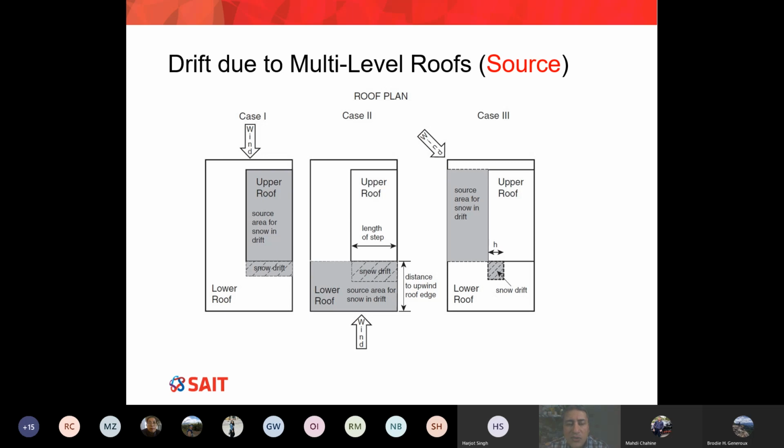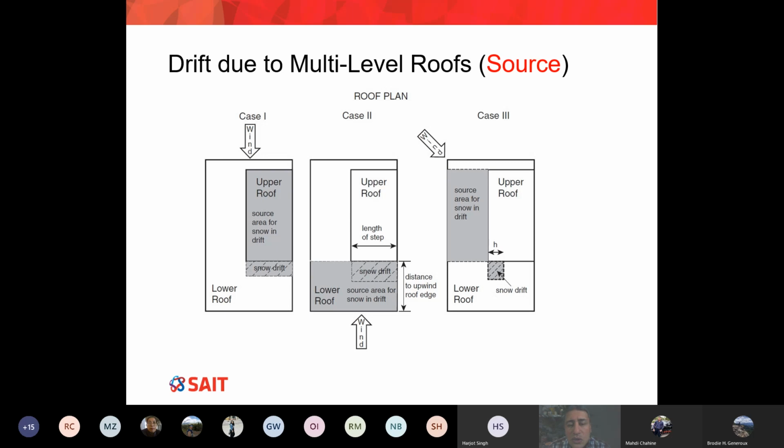And you can see when the upper roof is the source and the wind blows from front to back, there is an area marked as snow drift. So this case number 1 means the upper roof is the source of the accumulation.